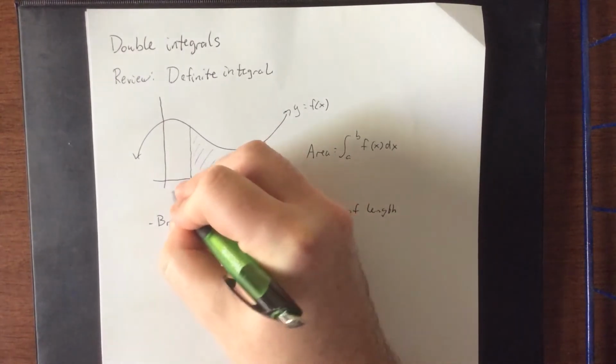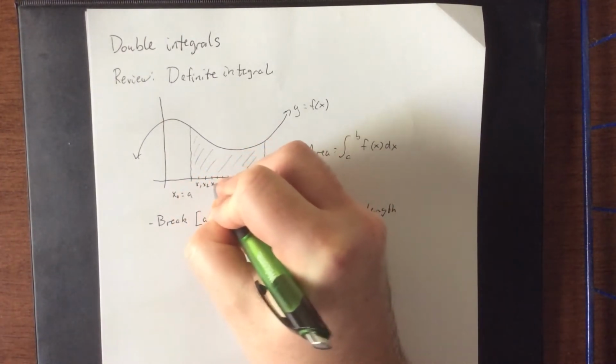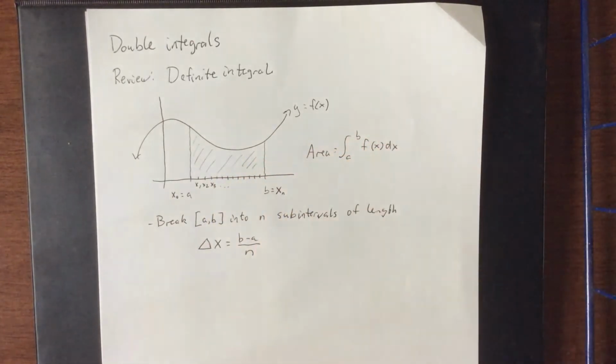So we referred to the starting point as x0. Then we had x1, x2, x3, so forth and so on, until we got to x sub n.